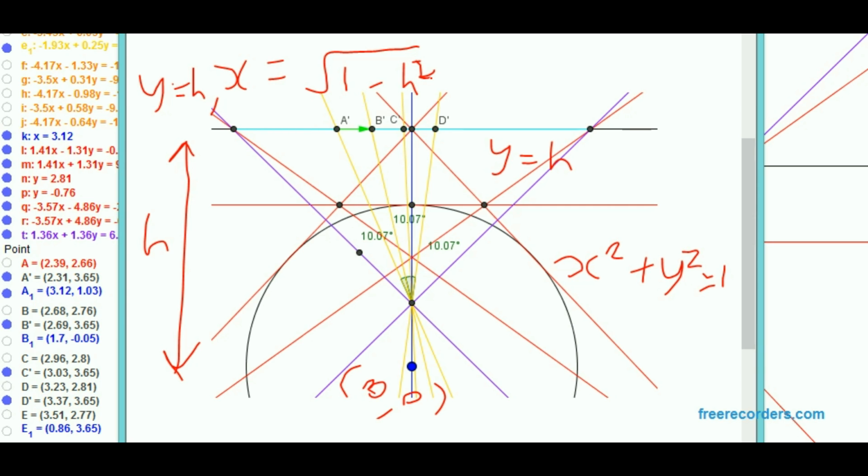Now, when h is bigger than 1, of course the thing in this square root is going to be negative, and so x is going to be imaginary.